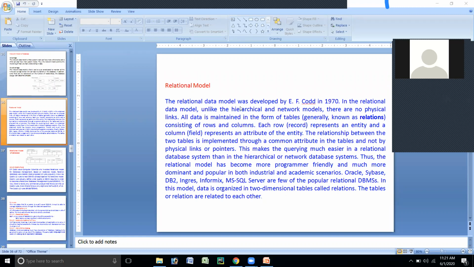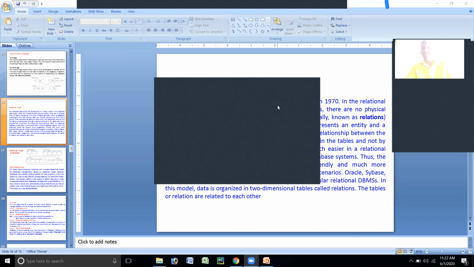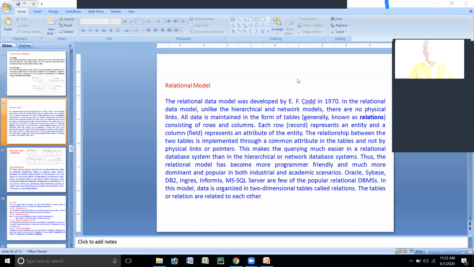The last model is the relational model. The relational data model was developed by E.F. Codd, C-O-D-D, Codd. E.F. Codd is a computer scientist.